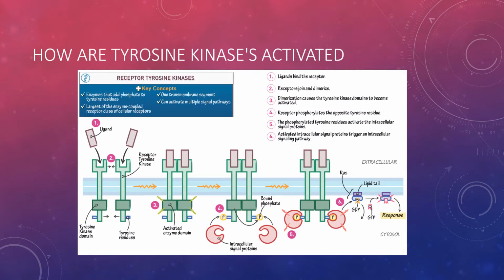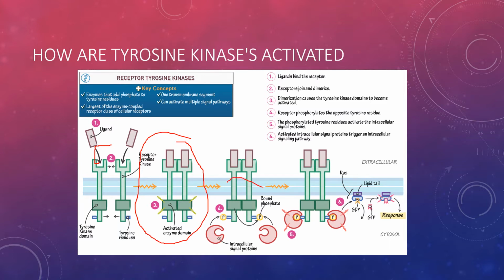How are tyrosine kinases activated in a normal cell? So the ligand binds to the receptor, and then after binding, both receptors join together and dimerize, and this dimerization causes the tyrosine kinase domain to become activated.